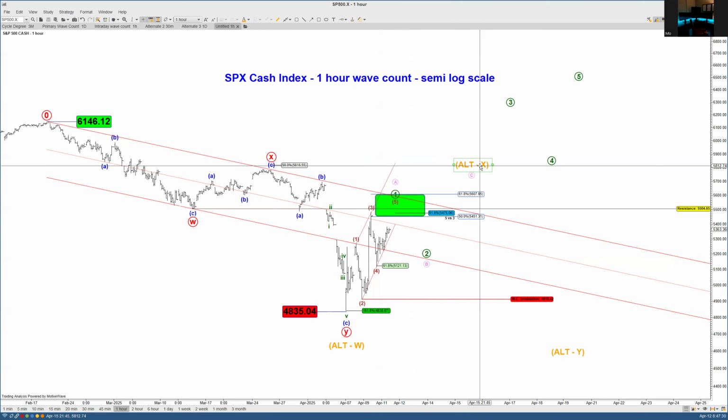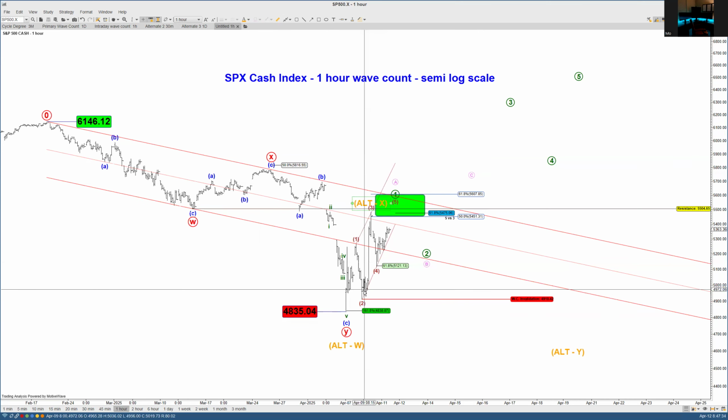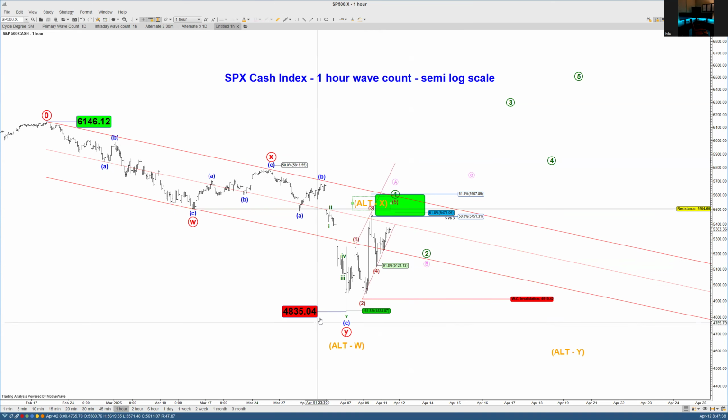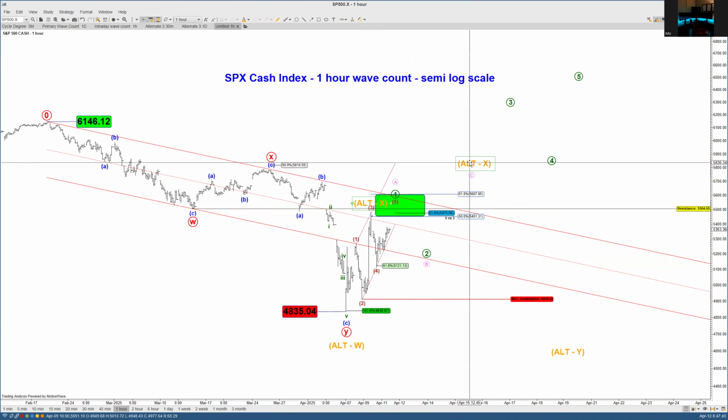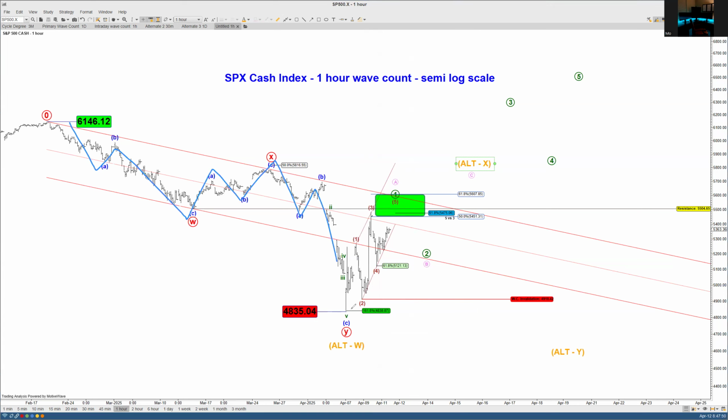They call it a connector X. If you have a three-wave decline, you don't have an X wave that is this shallow. X takes time. It's like a bunch of zigzag moves: three down, three up, three down, then another three, another three. So it goes like this.